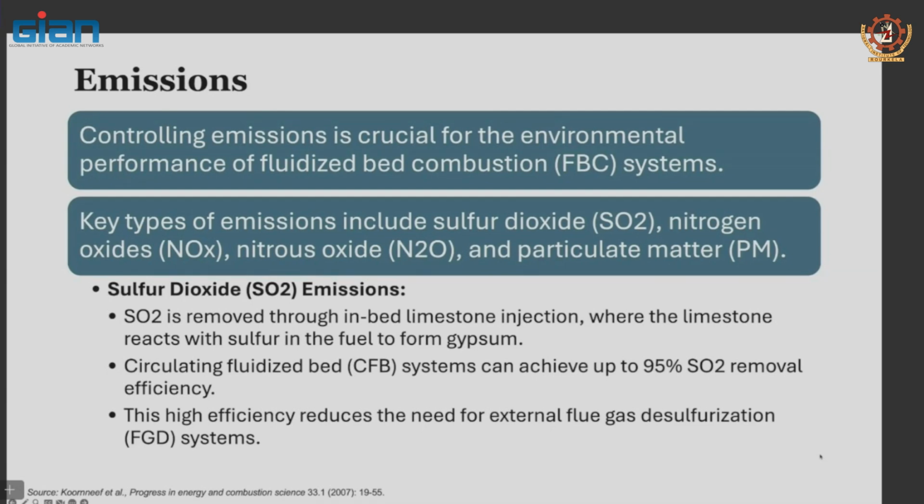So particulates, it's a completely physical process. You have to ensure that, in addition to cyclones, you have electrostatic precipitators and filters so that no particulate matter escapes into the environment.